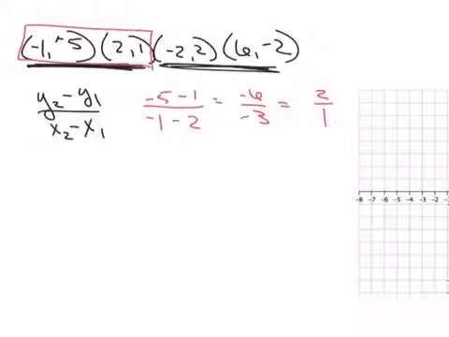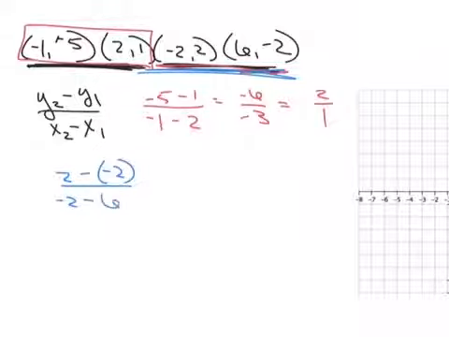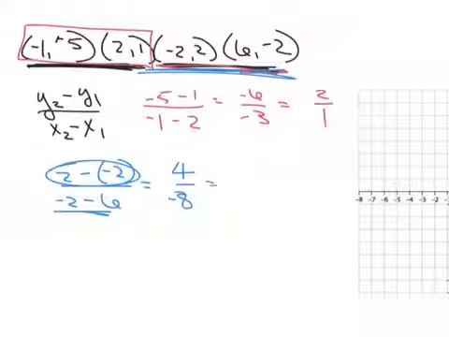Okay, now let's look at this one over here. See what that slope is. 2 minus -2, y2 minus y1, over -2 minus 6, x2 minus x1. So 2 plus 2 is 4. -2 minus 6 is -8. So that gives me a -1/2.